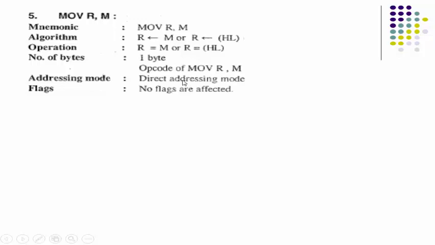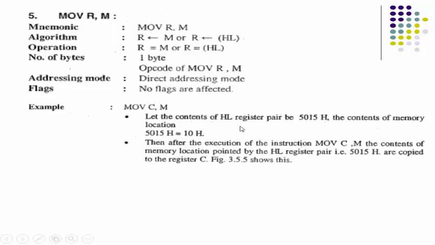The size of the instruction is also 1 byte. Addressing mode is the indirect addressing mode. There is a printing mistake in this particular slide. Addressing mode is indirect, because indirectly the memory pointed content gets copied into the specified register. Flag bits are not modified after the execution.